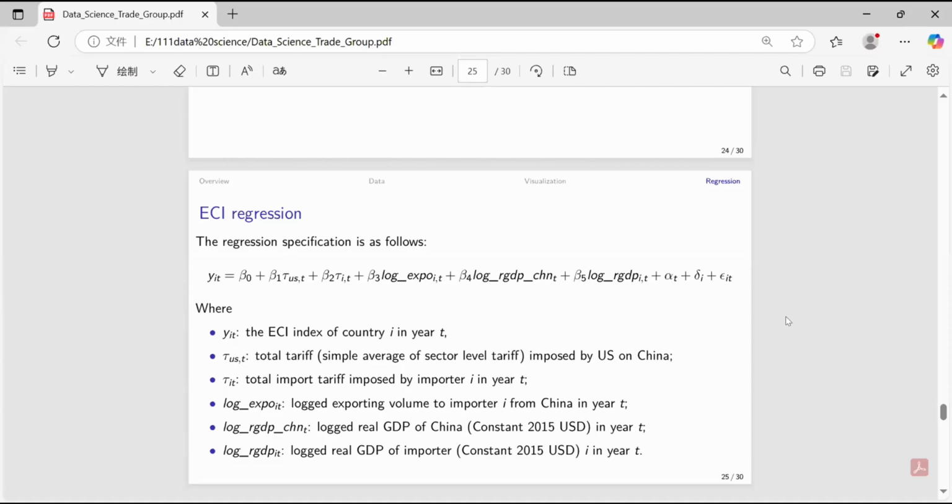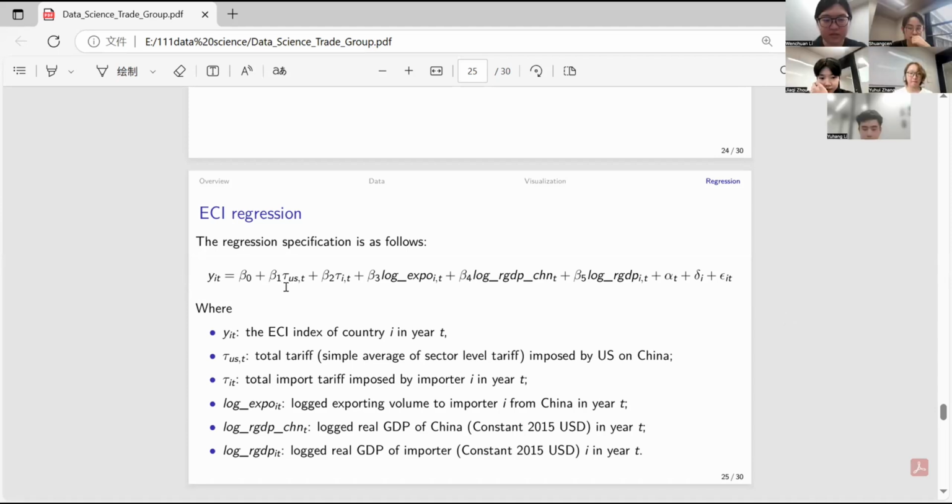Okay, so our second regression is using the economic complexity index as the dependent variable. For the independent variables, we have the tariff imposed by the US on China and also the importer's tariff.